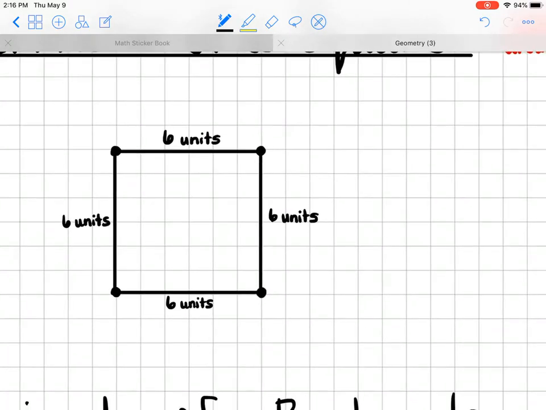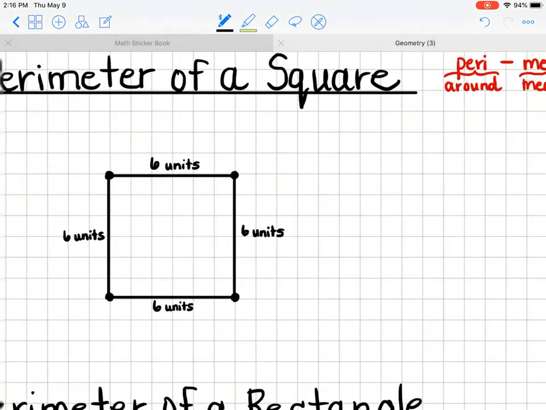So the question is, how would we find the distance around the square? And this is kind of obvious, I know. You would just count. You could literally just count the boxes if you were walking around the outside. If you've been in the military, you may have been asked to walk a perimeter, which means that you follow the same shape over and over until your commanding officer tells you to stop.